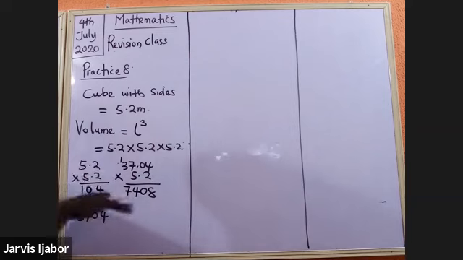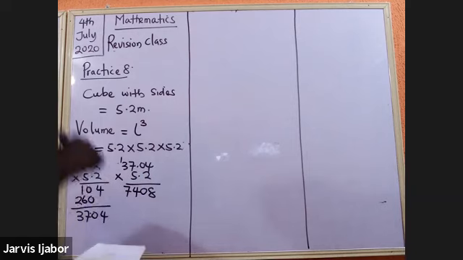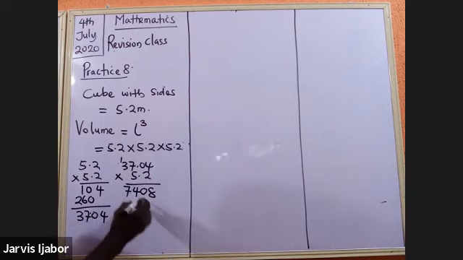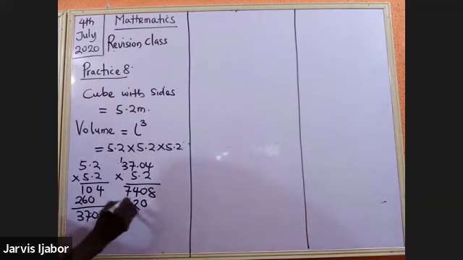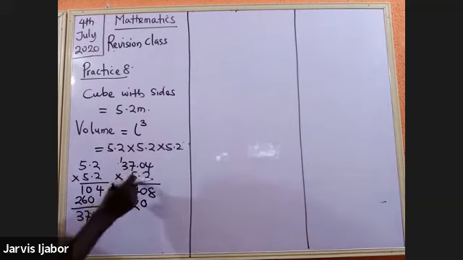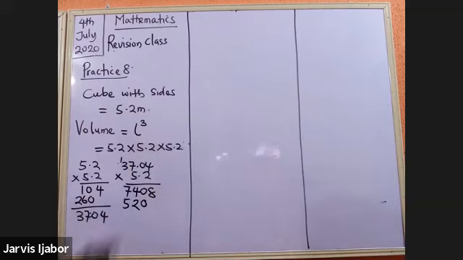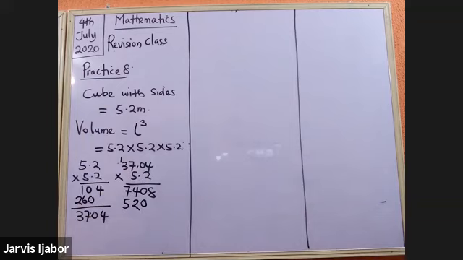Please take note that this is the one you have to do. So I need everybody to try it out. This is not the focus of the topic. It's expected that you should be able to do this. Then you go with 5 times 0, which is 0 plus 2. 3 times 5 is 15, put down 5, carry 3. 5 times 7 is 35. Put down 5, carry 3. 3 times 5 is 15 plus 3.